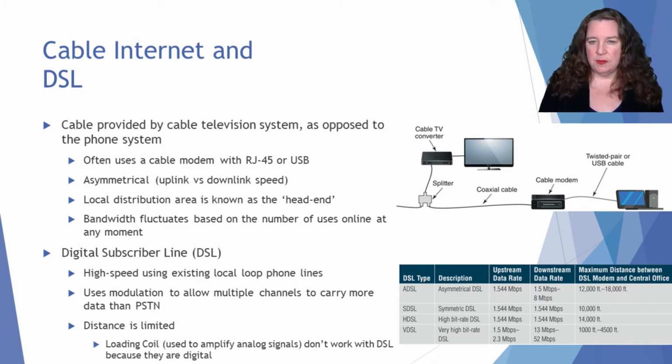Each of the different types of DSL, which have been explained to you in another chapter, has different distance requirements, but they all have a download speed of up to 1.5 megabits, except for, of course, your very high bit rate DSL, which got up into the 13 to 52 megabits per second. So you could get some really good data speeds with your VDSL, but you're limited on distance. So the distance from your home or from your cable modem to the central office was the important conversation.